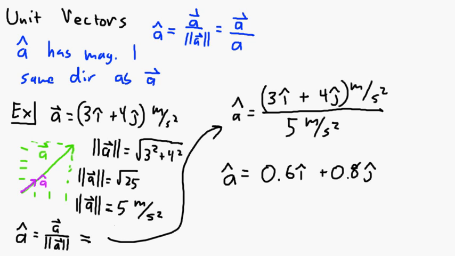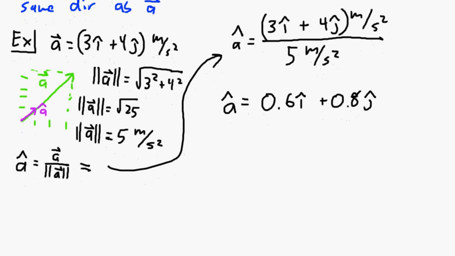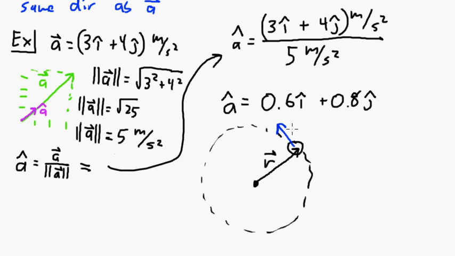So one useful product of this is that if we have circular motion, so let me scroll down just a bit and get a little more space here. If we have uniform circular motion, and we have a center there and an object, say the radius vector from the center to the object is r hat, and the object goes around in a circle, and it's got a velocity vector, v, and the acceleration is this way.